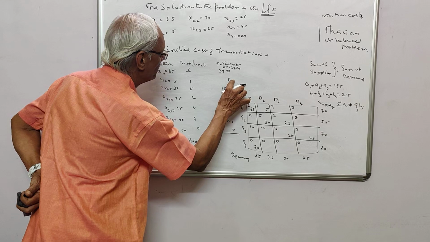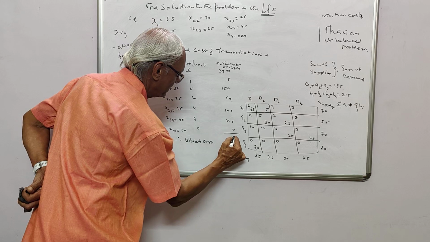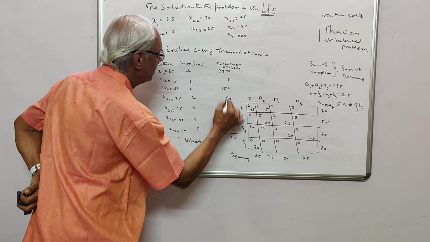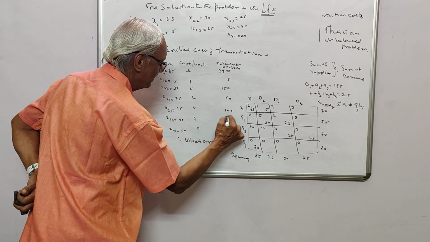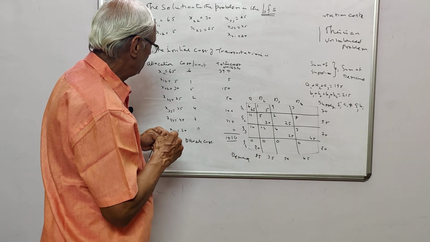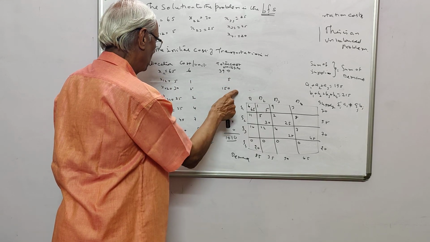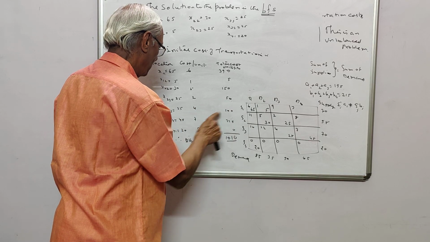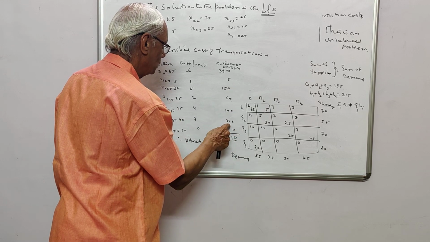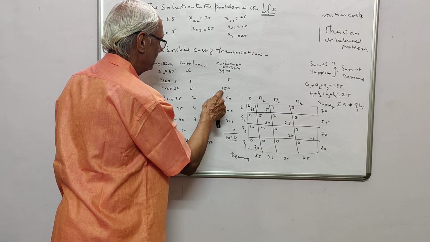Overall cost is equal to 390, 5, 150, 50, 100, 315, 0. Adding them up: 5 plus 5 is 10, 12, 12 plus 9 is 21, 5, 6, 7 plus 3 is 10.